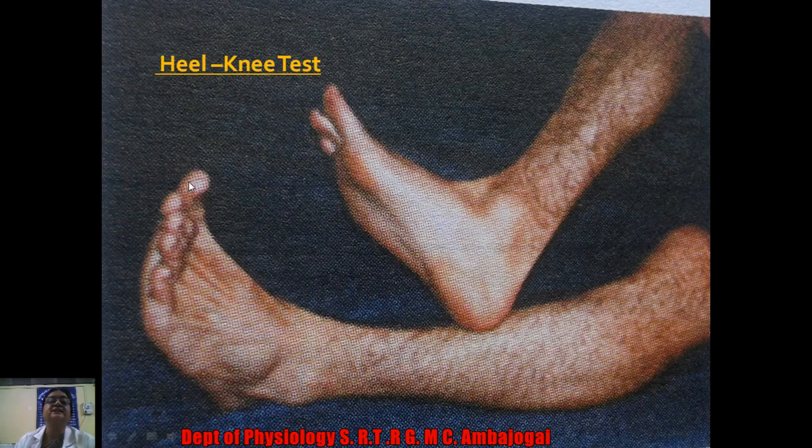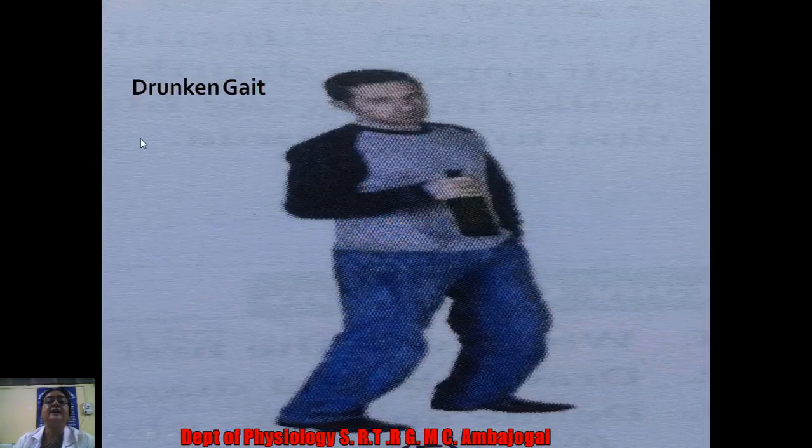And here is the typical drunken gait in cerebellar lesion. As I told you, it is a wide-based gait. The person is trying to get balance on the normal side, and so walks in a zigzag manner. These are the important clinical features of cerebellar lesion.